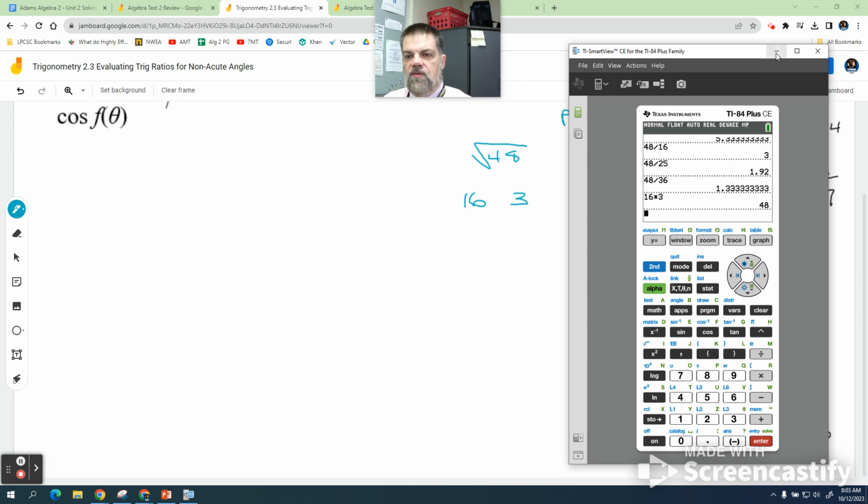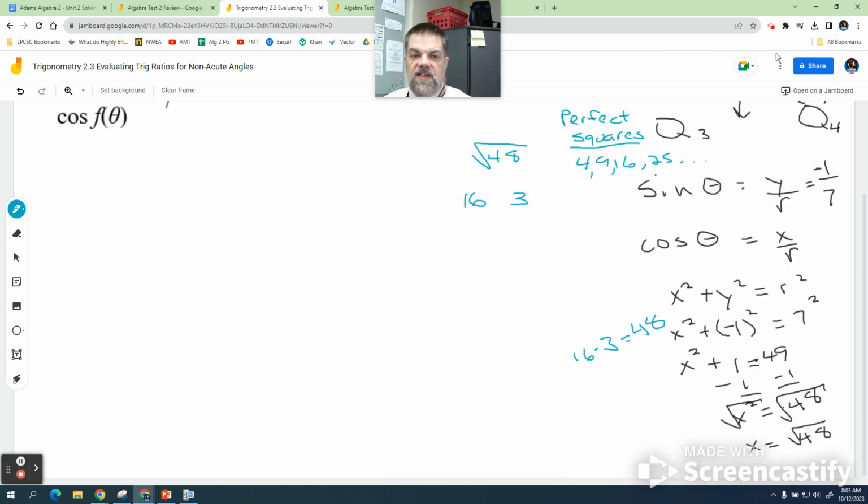Now, the reason we want to find that out is because the square root of 48 is the same as the square root of 16 times the square root of 3. But I know what the square root of 16 is. It's 4. So this is the simplified version, and this is what we said was our x value.